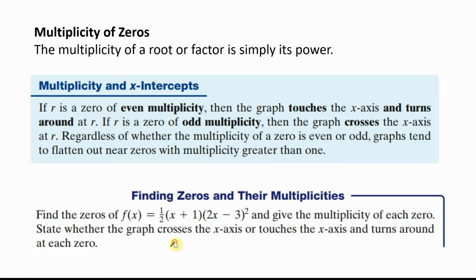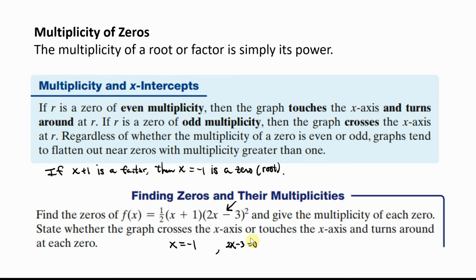If x plus 1 is a factor, then x equal to negative 1 is a zero. And if you set 2x minus 3 equal to 0, that implies that x is equal to 3/2.